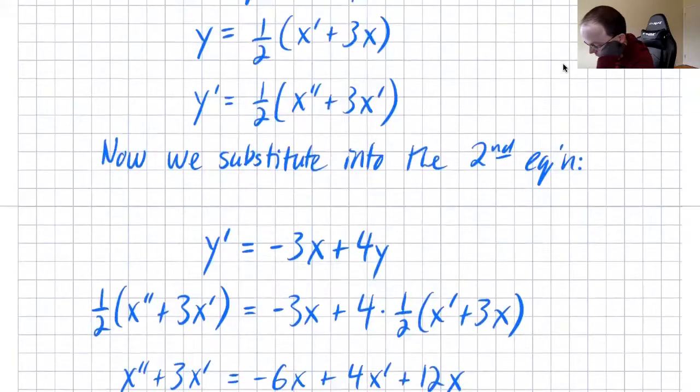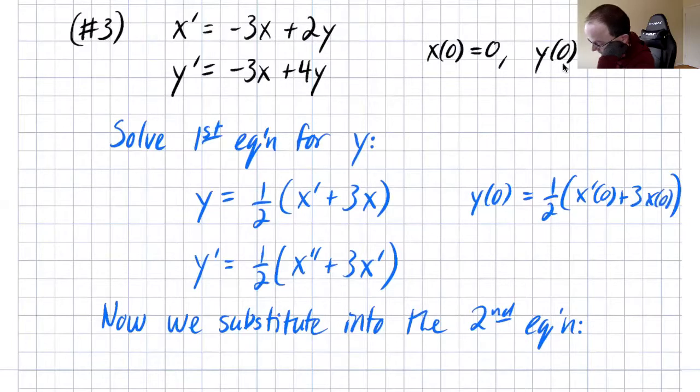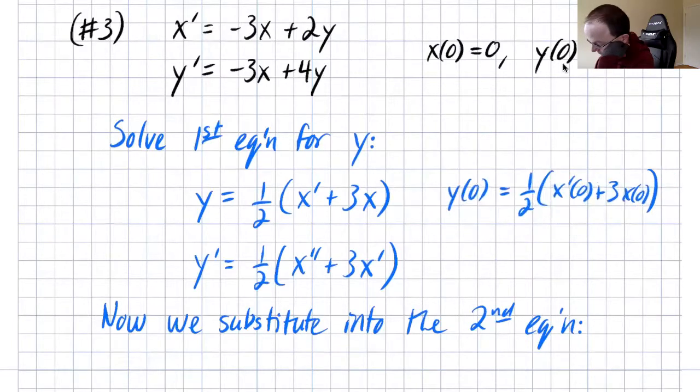So let's see, what is y equal to? Y is equal to this. So let me just put this here. So y of 0 is equal to 1/2 x prime of 0 plus 3x of 0. Okay, let me just put a divider here.